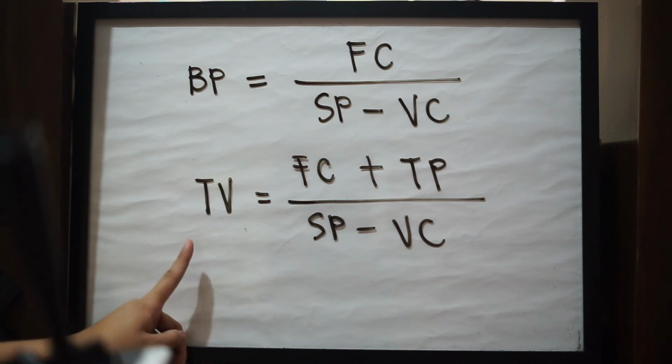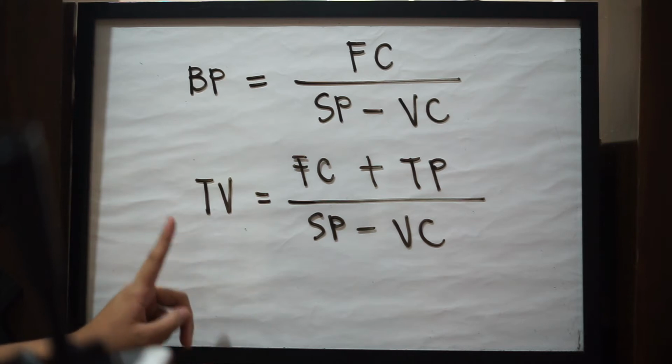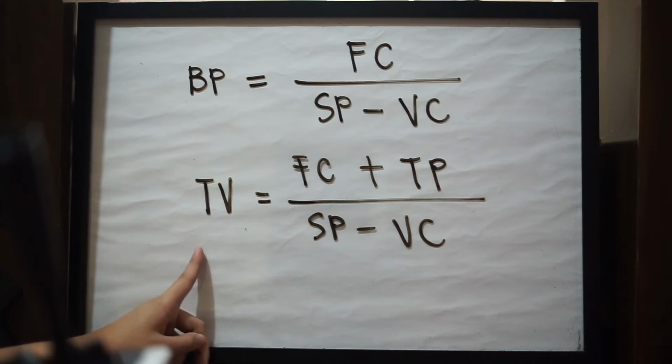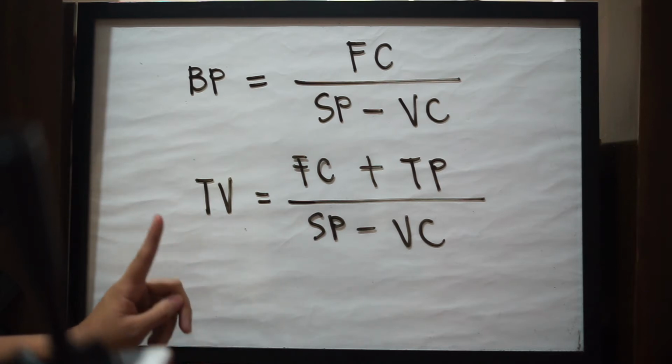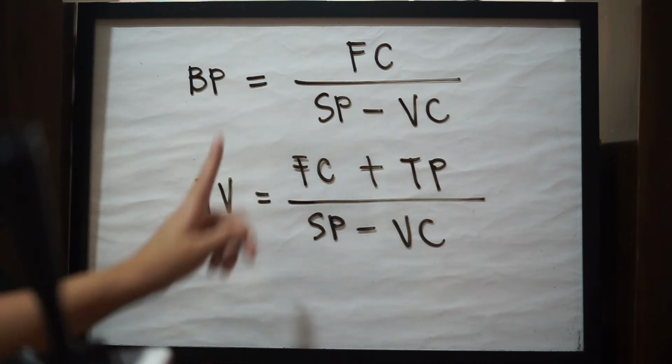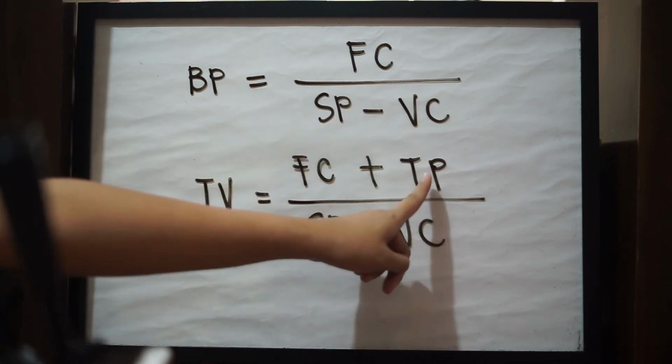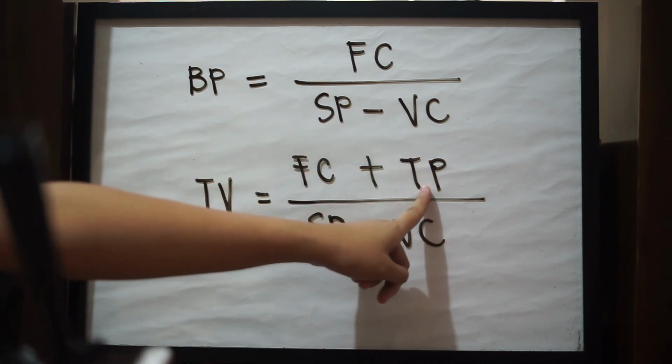Next, TV. Pag sinabi naman nating TV, hindi yan television, yan ay target volume. Ibig sabihin naman ng target volume, ito yung gusto mong quantity ng product na ma-produce wherein magkakaroon ka ng target profit, which stands for TP naman.